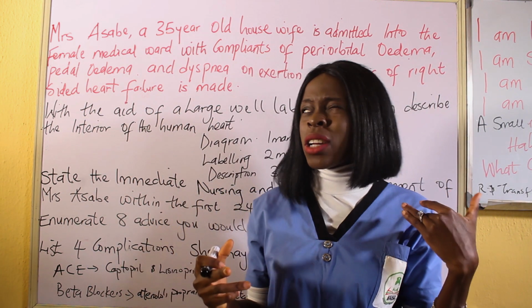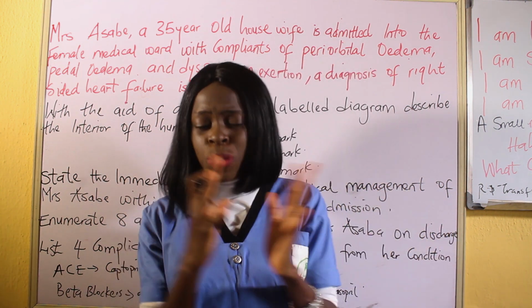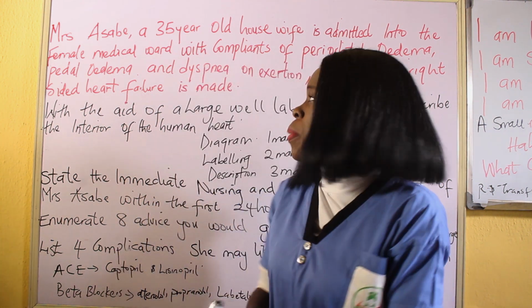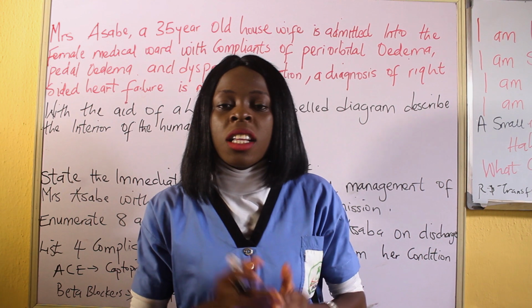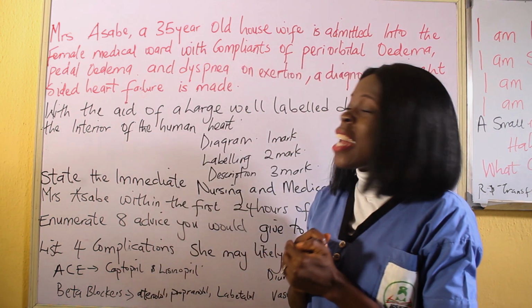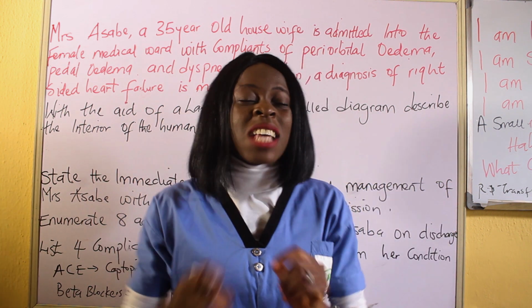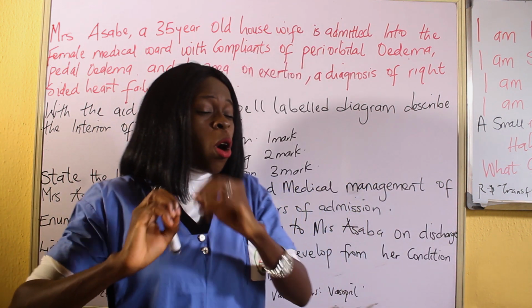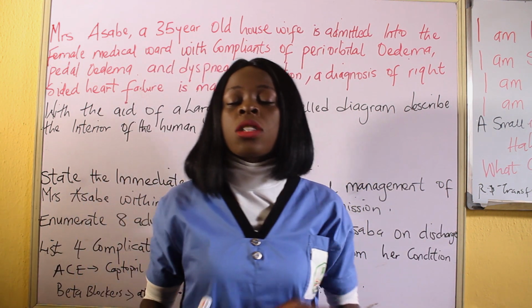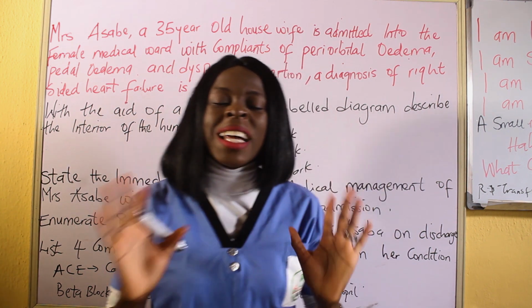You can see the question now. There's edema everywhere, that's fluid gathering everywhere. Periorbital edema and also pedal edema is present. And also there's dyspnea, which is difficulty with breathing. That's already giving you a clue on what to write, on what to tackle when carrying out your nursing management.